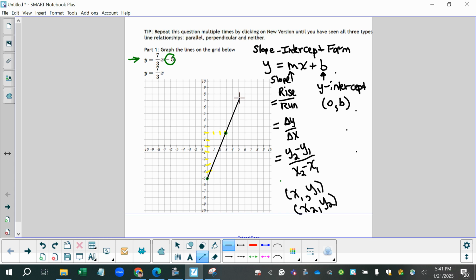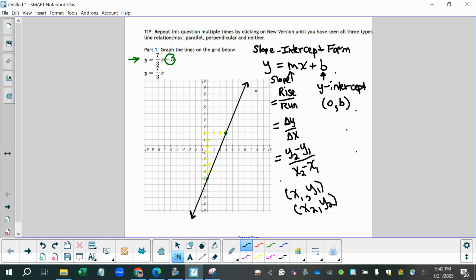And then what you want to do is really imagine that this is going on in each direction without ever ending. What we usually see are arrowheads on each end of the line, just to show it's not necessarily stopping, it's just going on and on and on. So that would be one line.